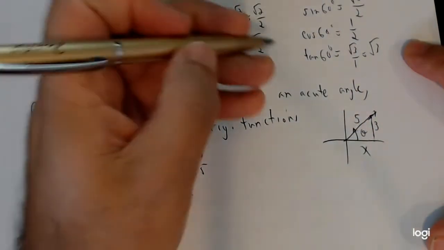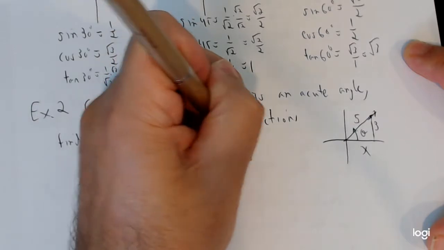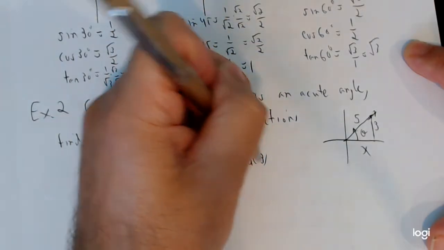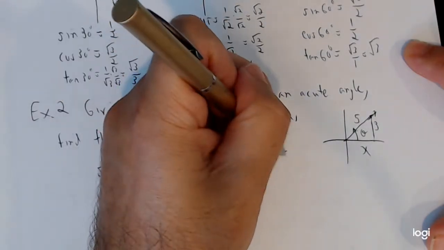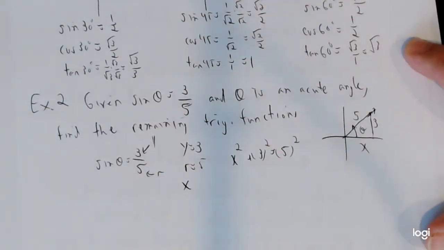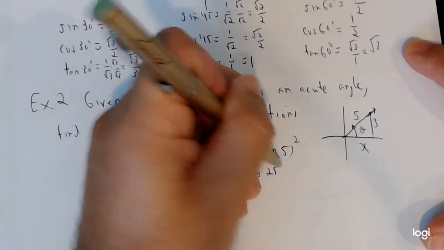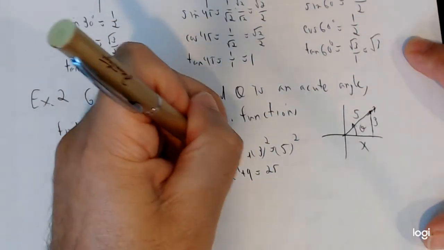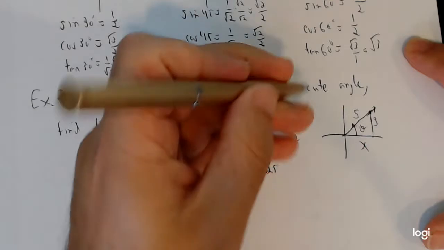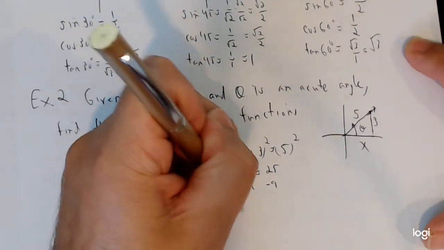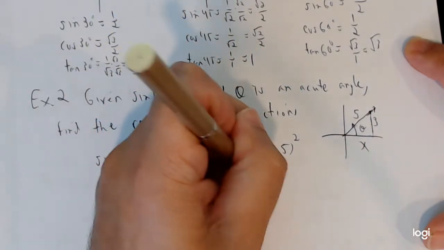But we can say x squared plus 3 squared is equal to 5 squared, which gives me what? X squared plus 9 equals 25. If I subtract 9 from both sides, I get x squared equals 16.